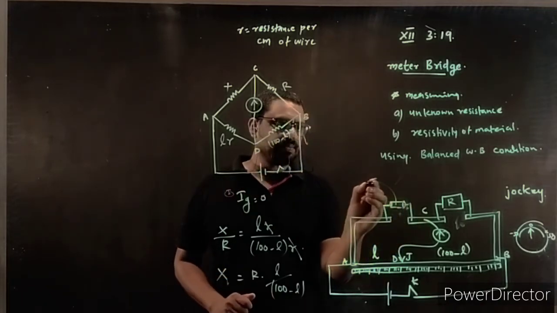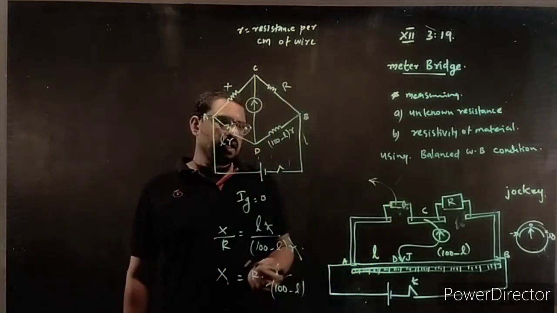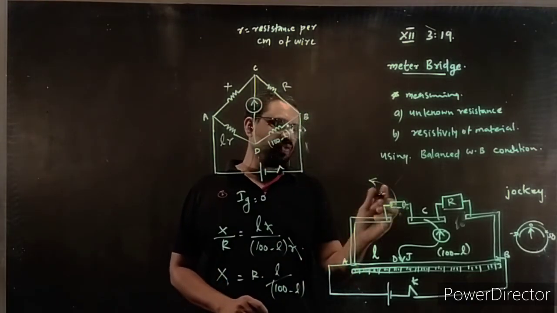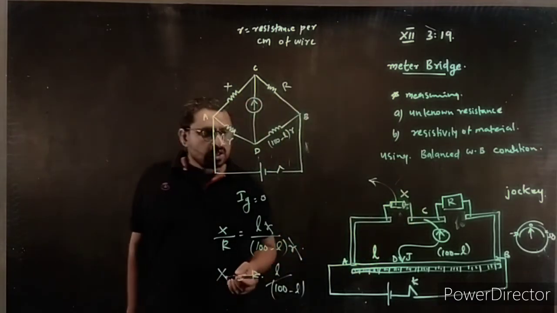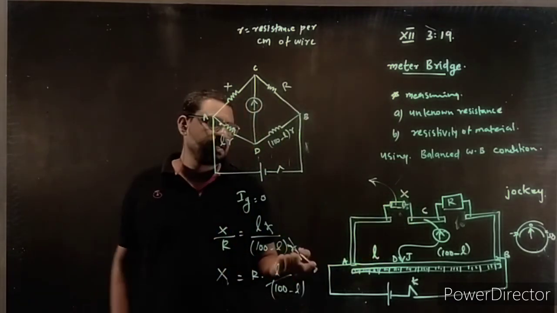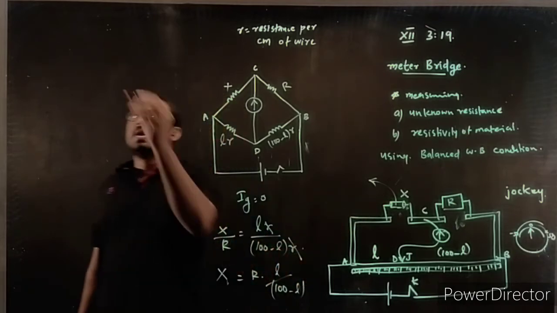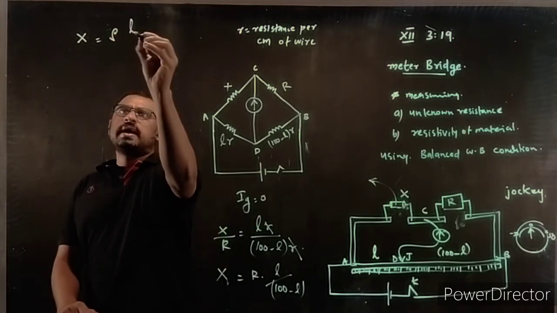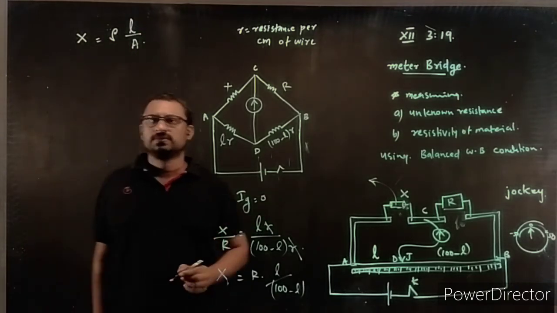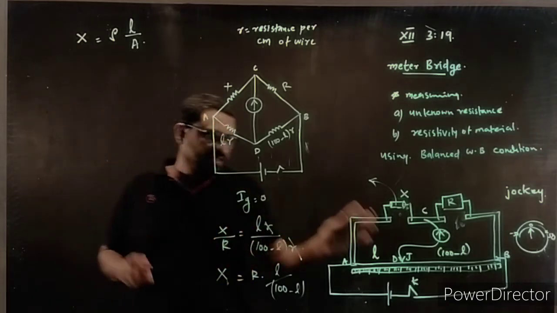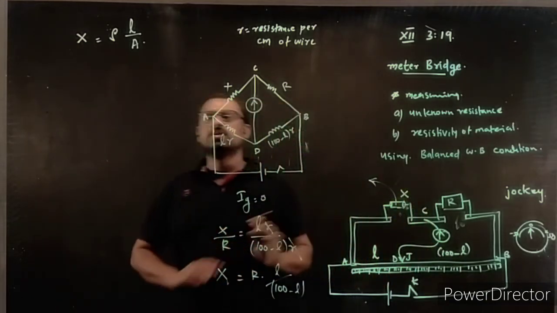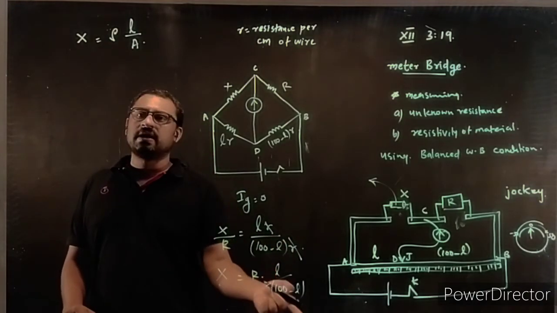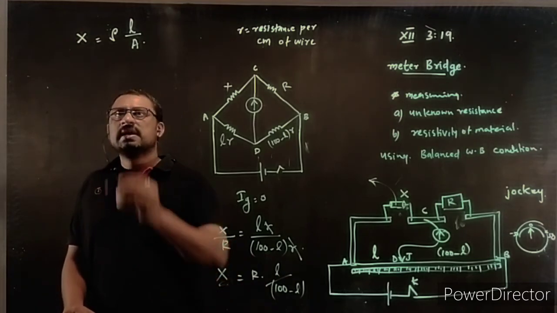For this wire you first find the unknown resistance, which will be X. The resistance of the wire is equal to rho L by A. Using the known resistance R into L divided by (100 minus L), you can measure what X is.